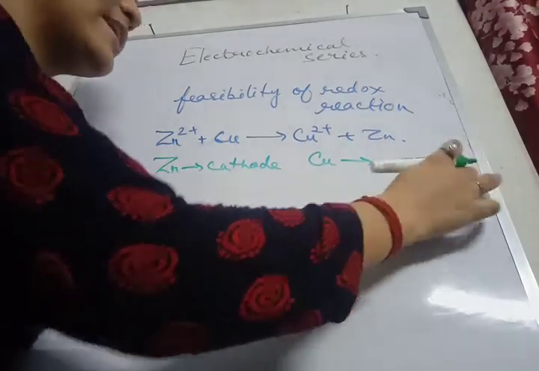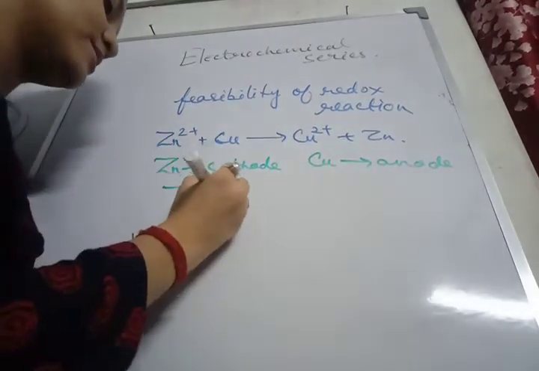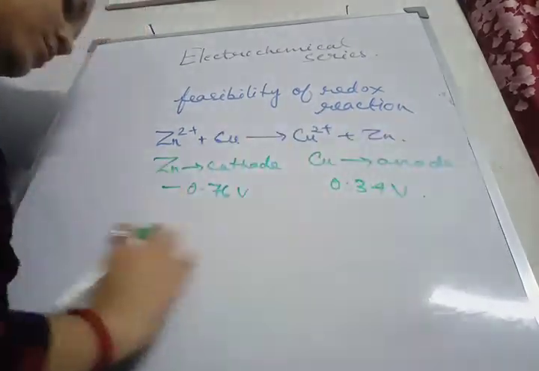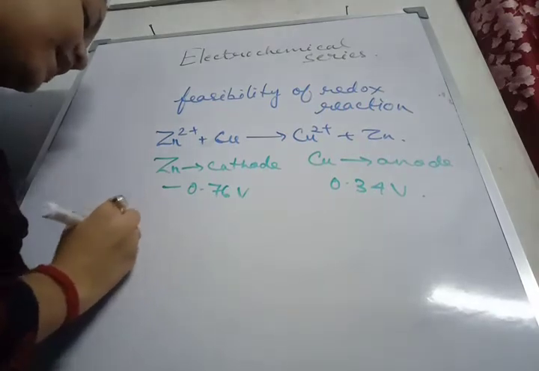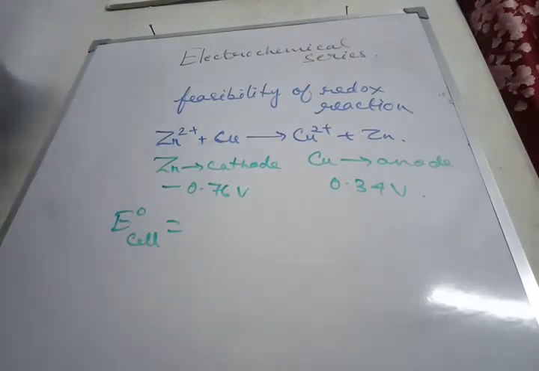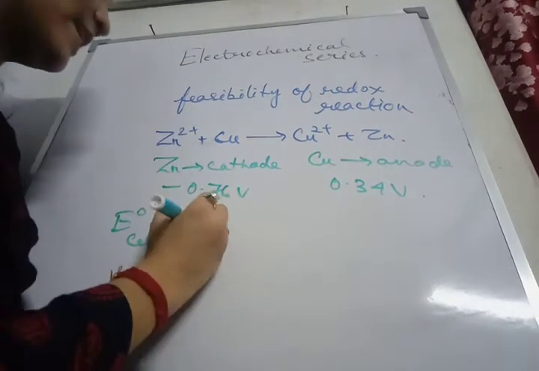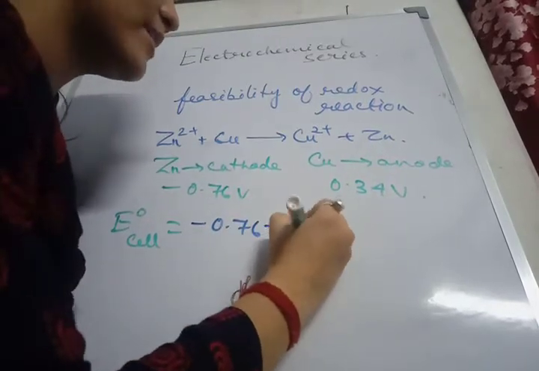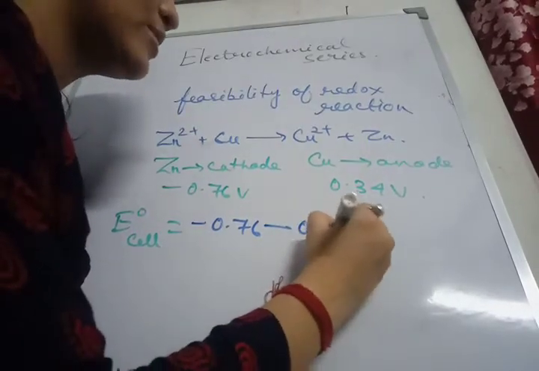And we know what the E0 values are. For zinc it is minus 0.76. For copper it is 0.34 volt. Now we can easily calculate the E0 cell value. E0 cell value equals E0 cathode minus E0 anode. So here zinc is my cathode, so minus 0.76. Copper is my anode, minus 0.34.